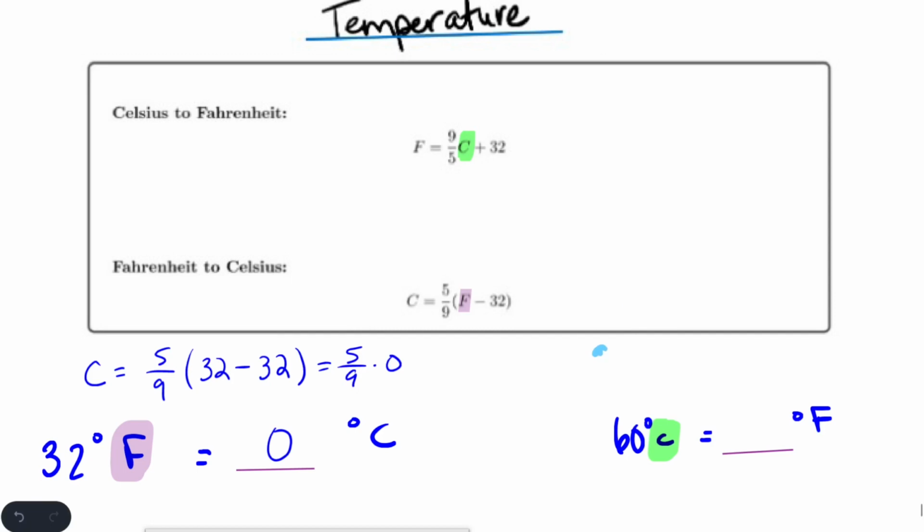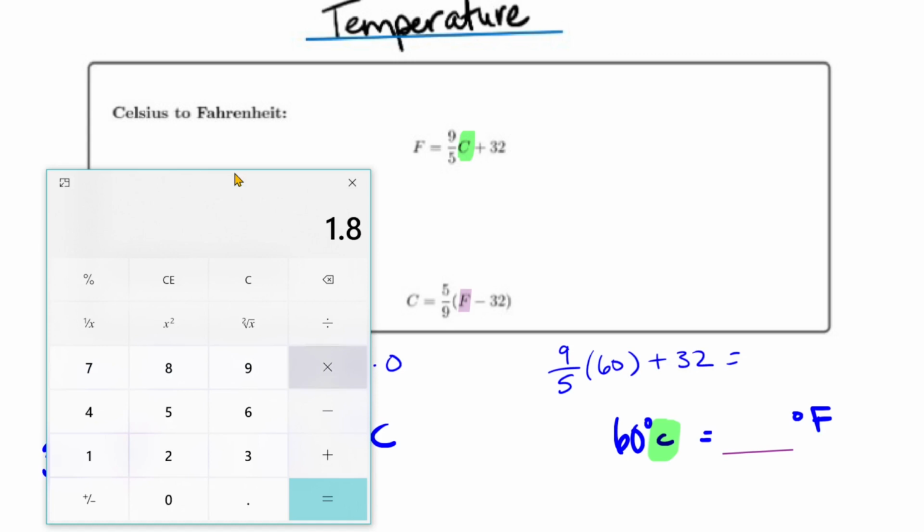So that would be 9/5 times 60 plus 32, and we get exactly 140 degrees Fahrenheit is the equivalent value to 60 degrees Celsius.